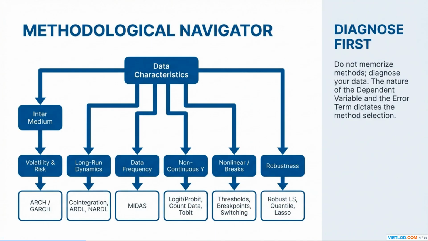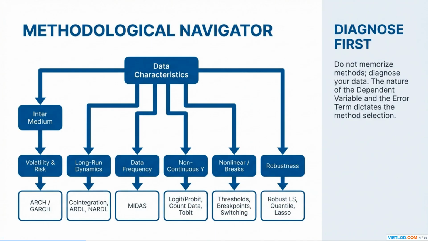For instance, if you're dealing with volatility and risk, especially in financial data, models like ARCH and GARCH are essential. If your focus is on long-run dynamics and equilibrium relationships between non-stationary variables, you'll turn to cointegration or ARDL models. When working with data collected at different frequencies, the MIDAS model offers an elegant solution.